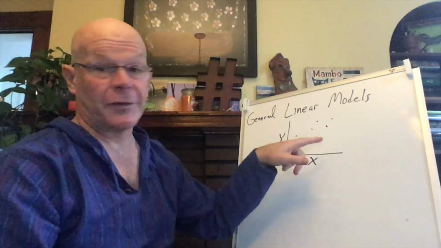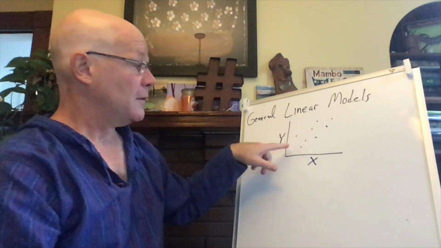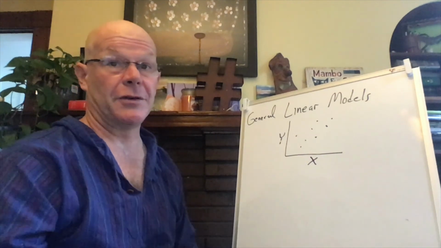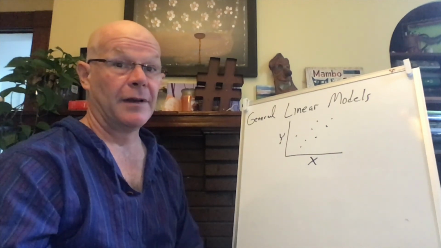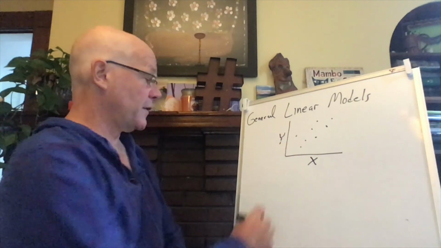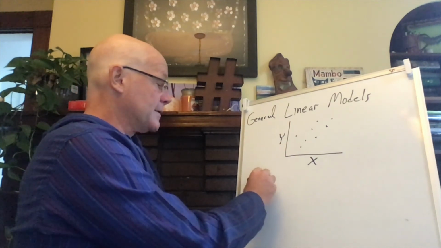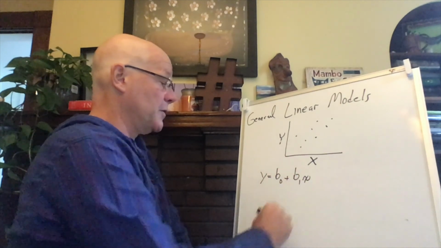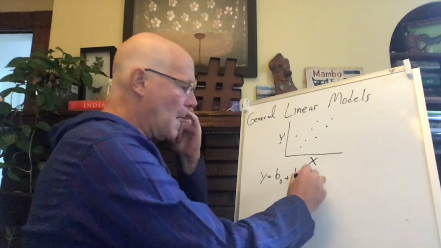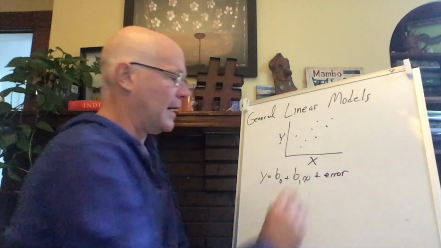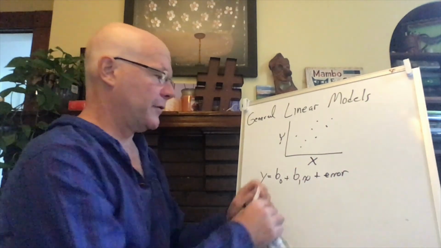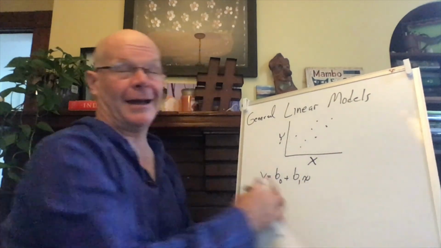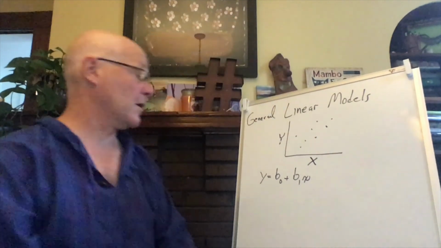And we're trying to come up with some kind of a model that predicts Y based upon our value of X. And so again, we're going to try to put this into some type of a model where Y is going to equal an intercept plus a slope times a value of X. And I'll write this down one last time. Error. Error is always implied. We don't estimate the error. The error is given to us by how poorly or unpoorly our model performs.